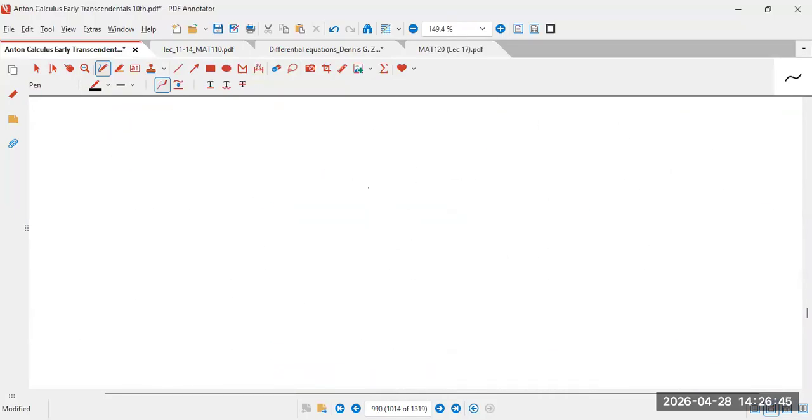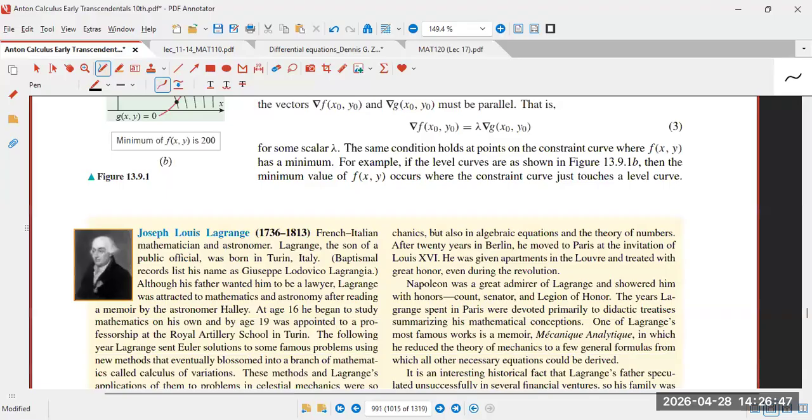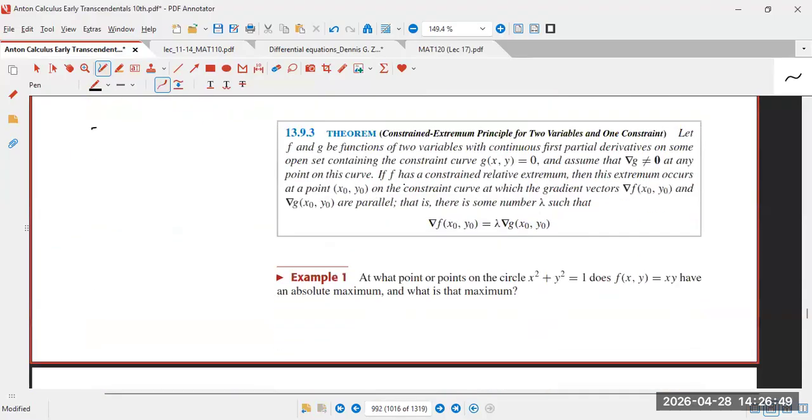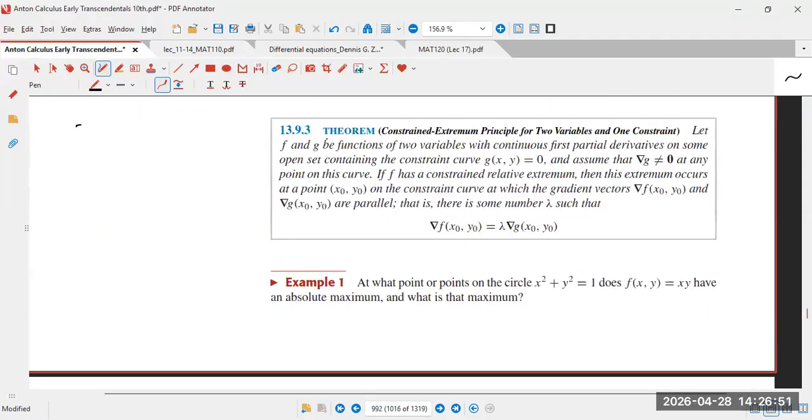So Lagrange multiplier process, basically, we need to learn this theorem. Theorem number 13.9.3. This is constraint extrema principle for two variable and one constraint.